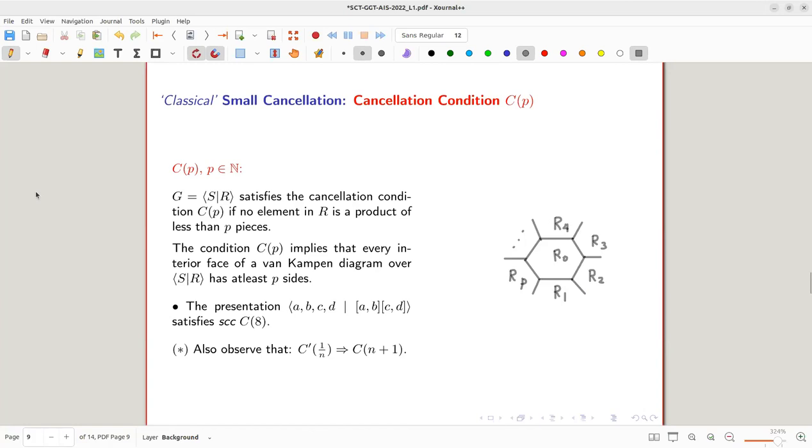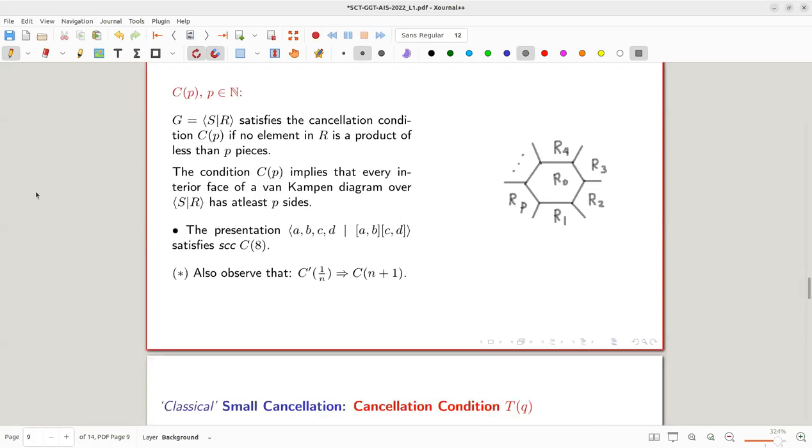Okay, and what does that mean pictorially? You see that here I have written something which I will come to after a while, but I have written this statement just to illustrate in terms of picture what it should mean, that a relator from R should not be a product of less than p pieces.